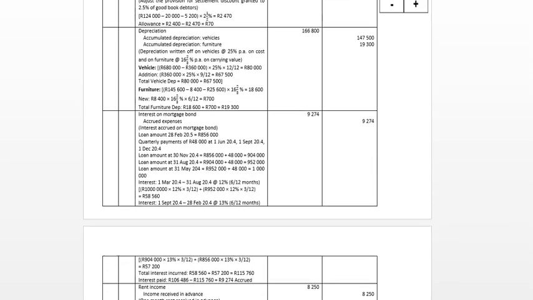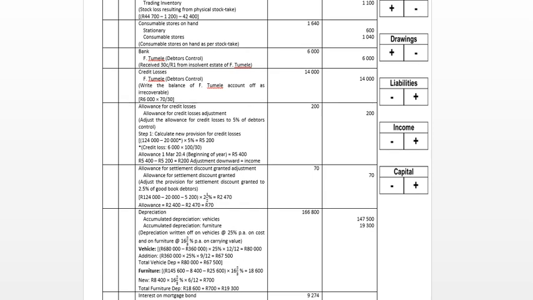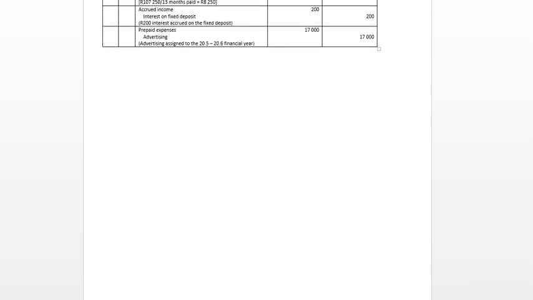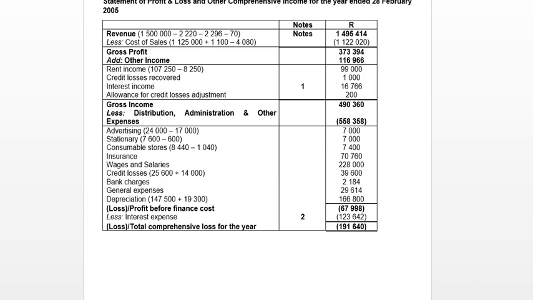We need to add to that Miss F to Melee, whose 14,000 Rand we had to write off. We only received 6,000 Rand, but she still owed us 14,000 Rand, and she was declared insolvent, so she couldn't pay us that back. Okay, so we wrote it off as a credit loss. So our total credit losses increase to 39,600 Rand.